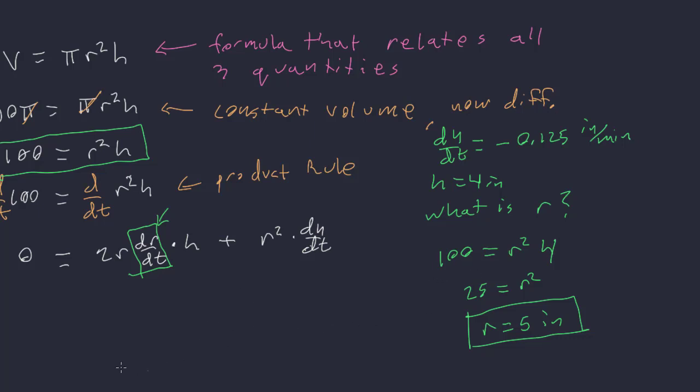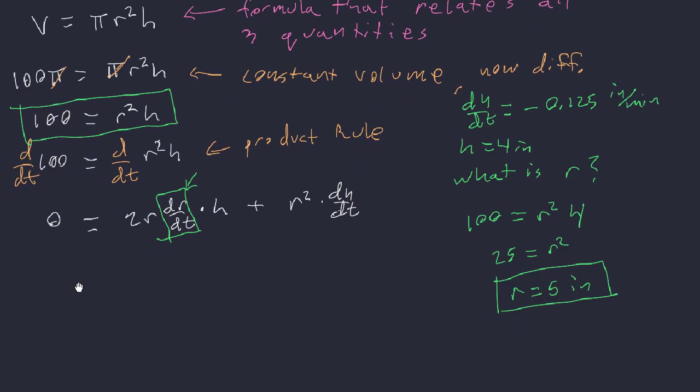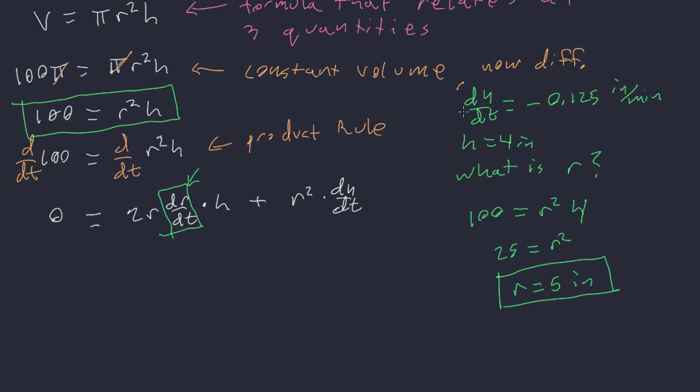Okay, so now we should have enough information to plug everything in here. We have 0 on this side. We have 2 times r, which we found is 5 inches, dr dt, that's what we're trying to find, h is 4 inches, plus r squared, so that will be 25 square inches.